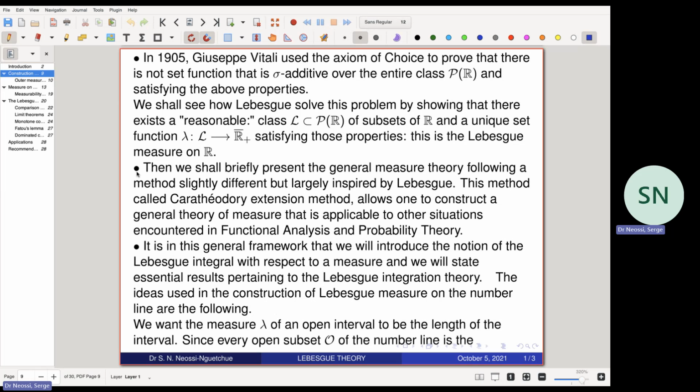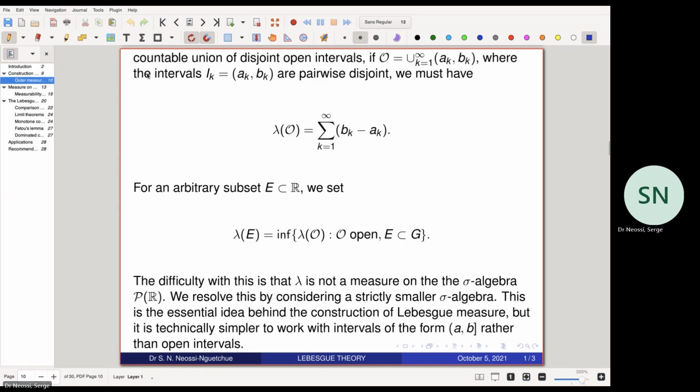Since every open subset O of the number line is a countable union of disjoint open intervals, that is, O can be written as a countable union of intervals of the form (a_k, b_k), denoted by I_k, which are pairwise disjoint, we must have that lambda of the open set O, written in this form, will be the series of the differences b_k minus a_k.